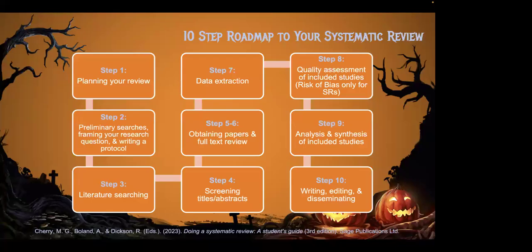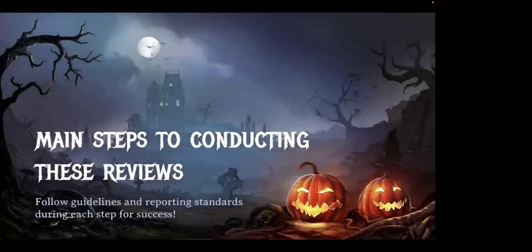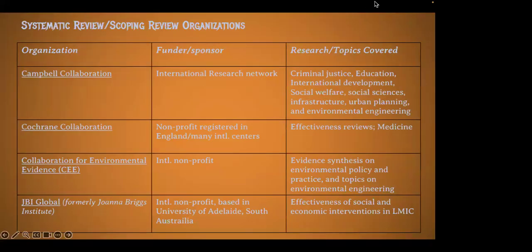Step 4, once you have the evidence, usually you'll have some type of data software where the articles are uploaded. We use Covidence, but depending on the organization and the standards that I talked about earlier, like Campbell Collaboration, Cochrane, they have other data management tools that they want you to use, but it's not necessarily required. So Campbell Collaboration, or sorry, JBI I meant earlier.